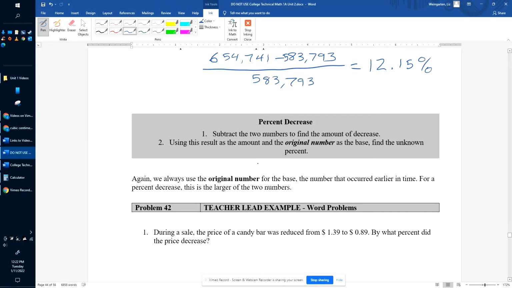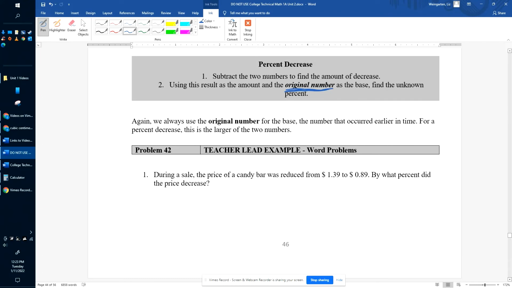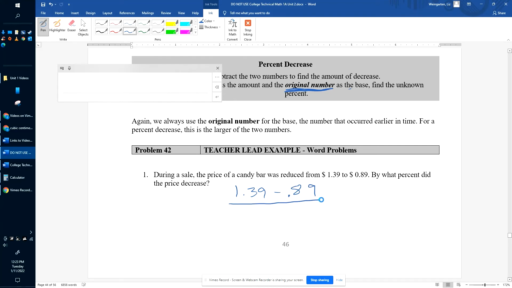Similarly, we have percent decrease. We're going to take the two numbers, the new minus the old, divide it by the original number. We're still dividing by the original number, and you will notice that your percent is going to have a negative sign in front of it. And that's perfectly okay, because that is a price decrease. Decrease means subtract. Price of a candy bar was reduced from $1.39 to 89 cents. So we'll take $1.39 minus 89 cents over the original, which is $1.39.